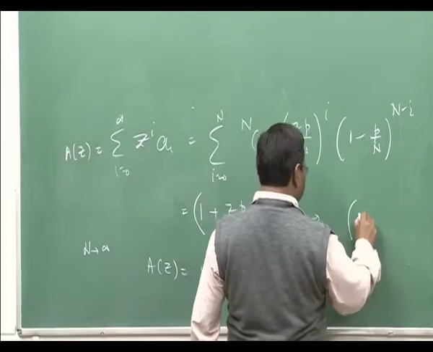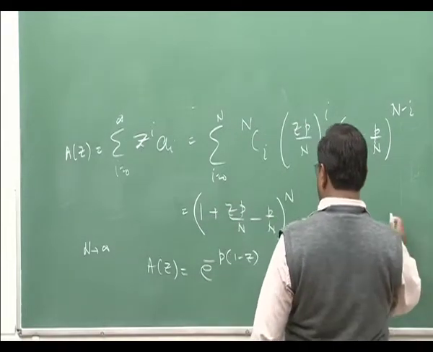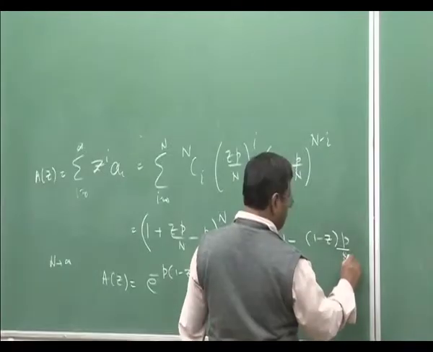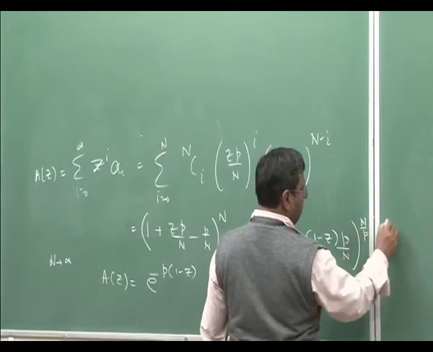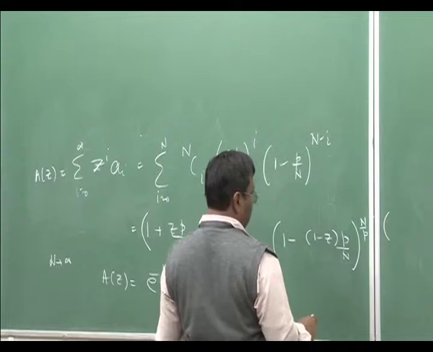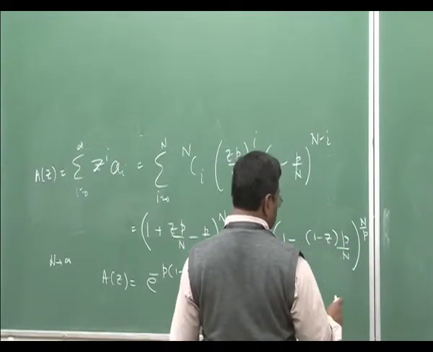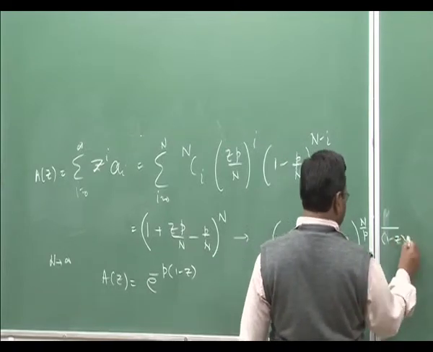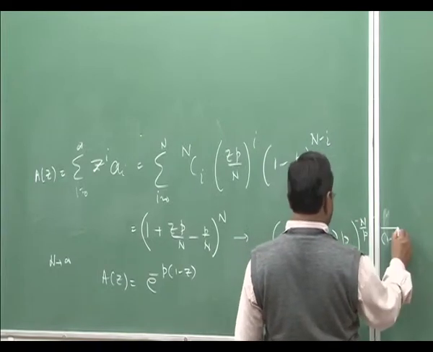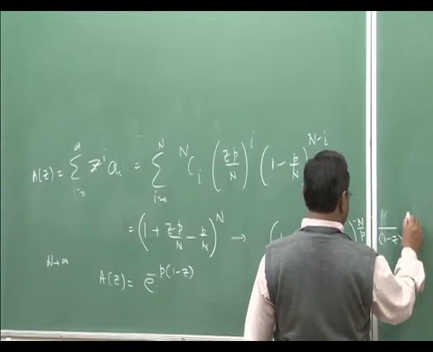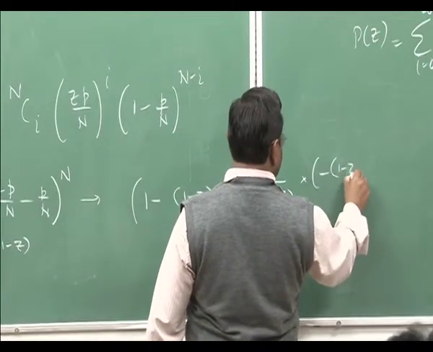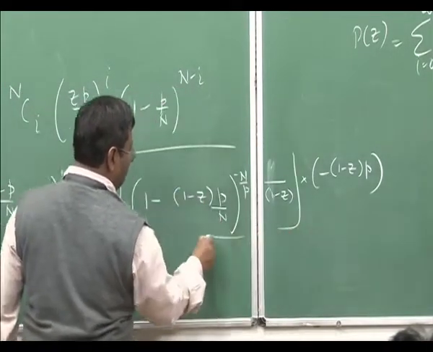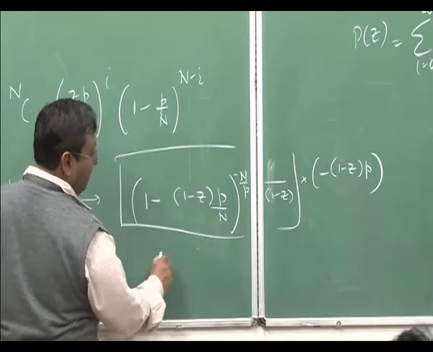This itself can be converted to 1 minus, so this whole thing will become nothing but e in the limit.